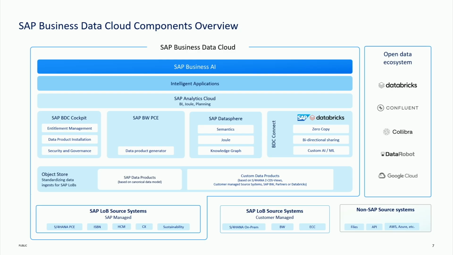So SAP has basically two approaches, and the direction and the strategy here is SAP will provide source systems in the cloud, operated by SAP on hyperscaler infrastructure on behalf of the customer. So we are getting also away from the classical on-premise deployments of our customers in ECC, in BW, and so on. So everything is purely cloud-centric now also for SAP.